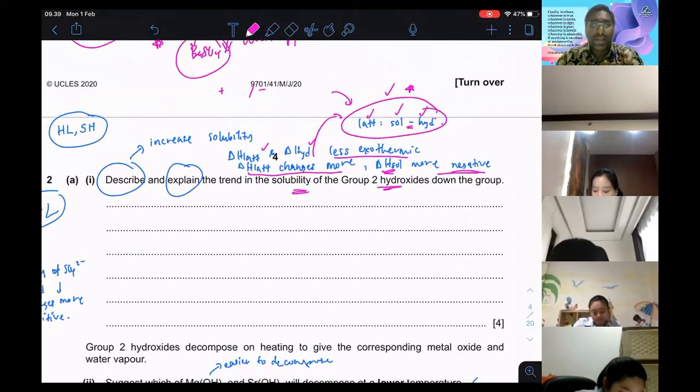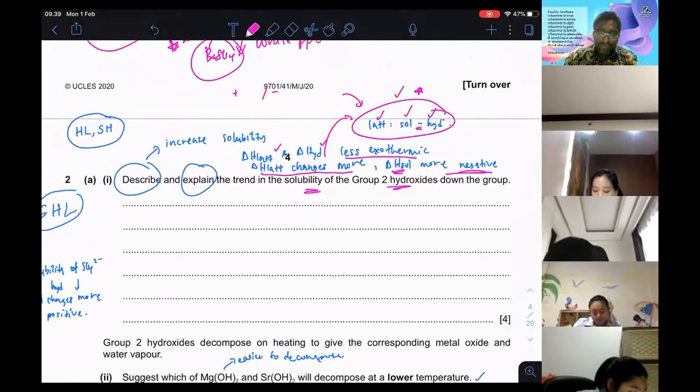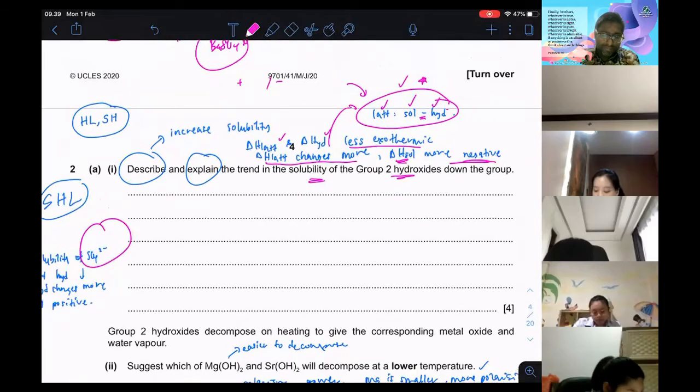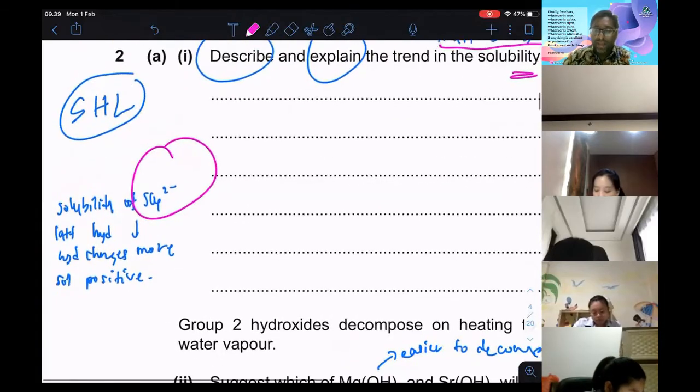Of course, we are not here to just write down our answers. We want to learn. So how if they ask this question related to sulfate? Your sulfate solubility will actually decrease down the group. Every explanation is going to be opposite to what we have explained for hydroxide.